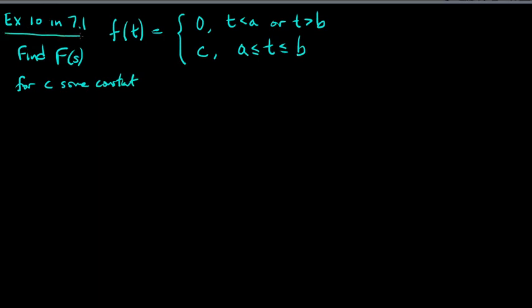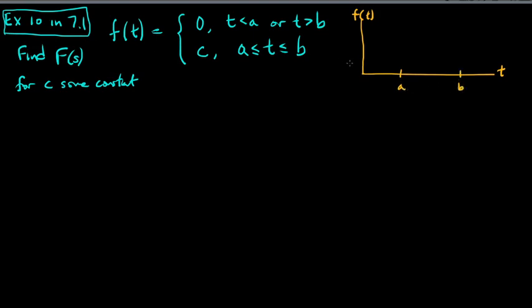So this is number 10 in the book in 7.1. And the book doesn't actually write it this way. The book just draws the graph. And so here's the graph of this function. So this will be f of t here. Let's say this is a here, and this is b here.